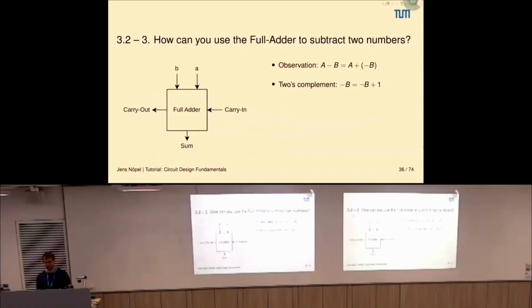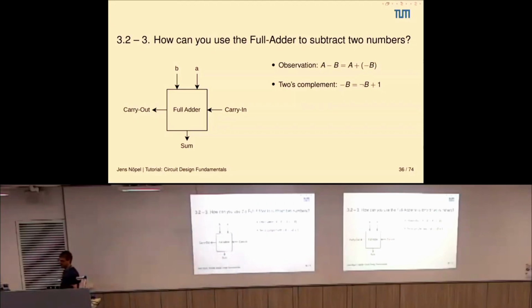Questions? Not so far. Okay, then the third question is, how can we use a full adder to subtract two numbers? So what we want to do is a minus b, and as already mentioned, the first trick is that we make an addition out of that subtraction and say, okay, we want to add a plus minus b. Now the question is, how do we get minus b?